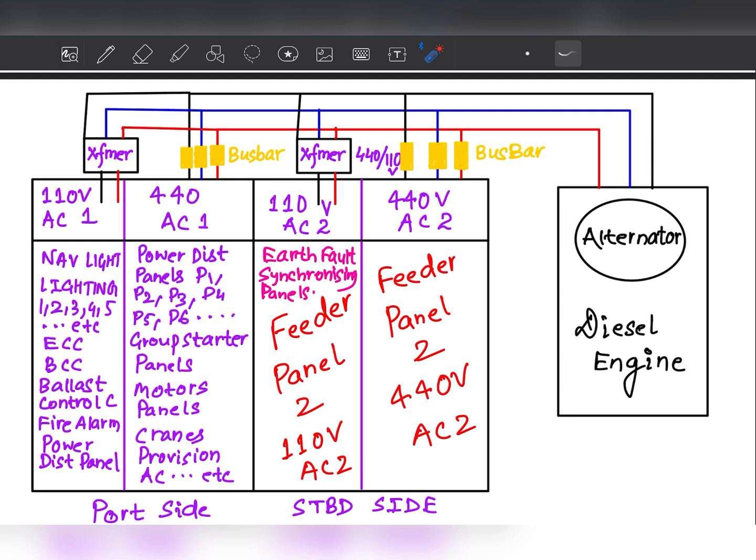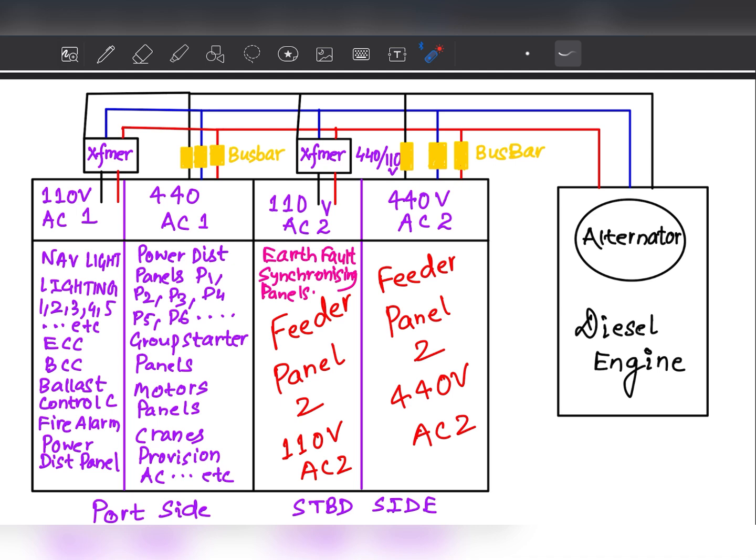Then you can explain very easily to the surveyor what is feeder panel and what is group starter panel. So this is the cable which is drawing power from the generator, and it is going to the bus bar. Okay, it is going to the first bus bar, and after that the bus bar is connected to feeder panel 1 and feeder panel 2. This is feeder panel 2, and the same power is going here.